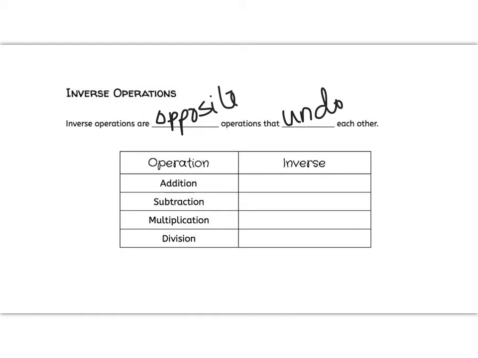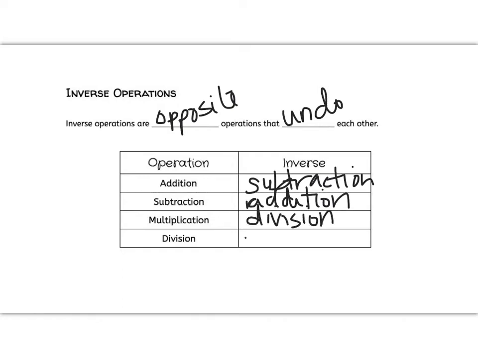So the inverse of addition is subtraction, because if you're adding, the opposite of that would be subtracting. And so the inverse of subtraction would be addition. The inverse of multiplication then is division, and the inverse of division is multiplication.